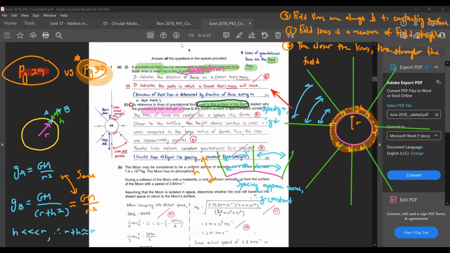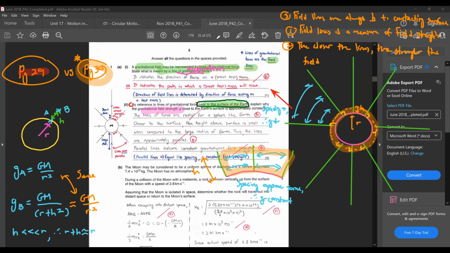Okay, for this small section of h, small height of h that you're considering, you will notice that the change in the line spacing is more or less negligible. The line spacing is actually approximately the same. Therefore, g is constant. That's what you're trying to explain here in your particular question.